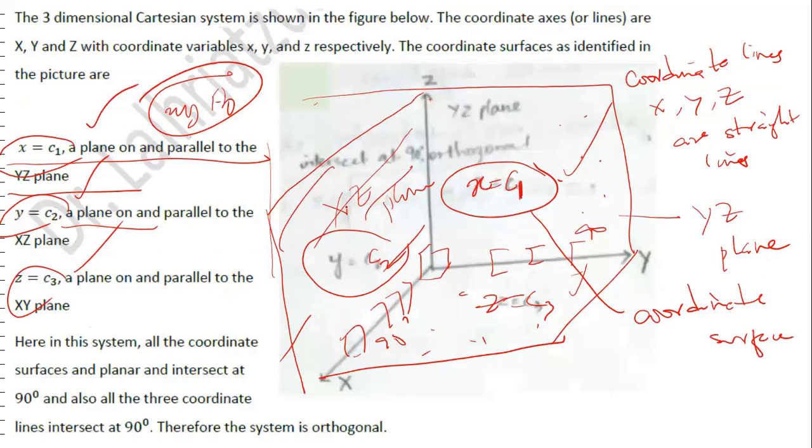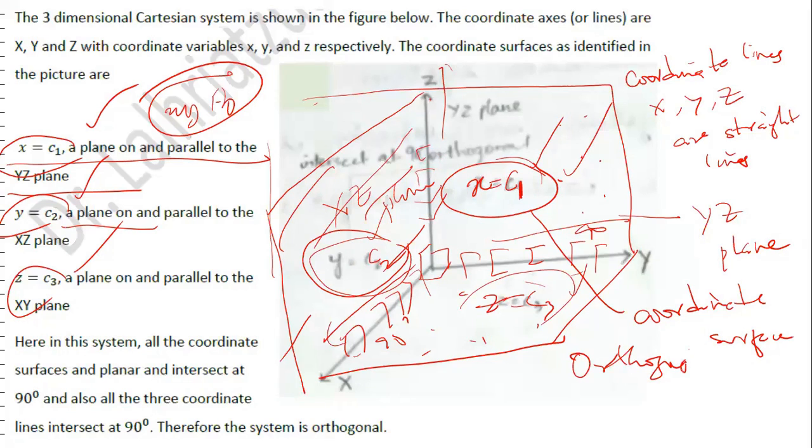Just like your 3D Cartesian system, the x line, y line, z line intersect at 90 degrees, and the coordinate surfaces x equal to c1, y equal to c2, z equal to c3 also intersect at 90 degrees, the angle between each pair being 90 degrees. So the 3D Cartesian system is also an orthogonal system.